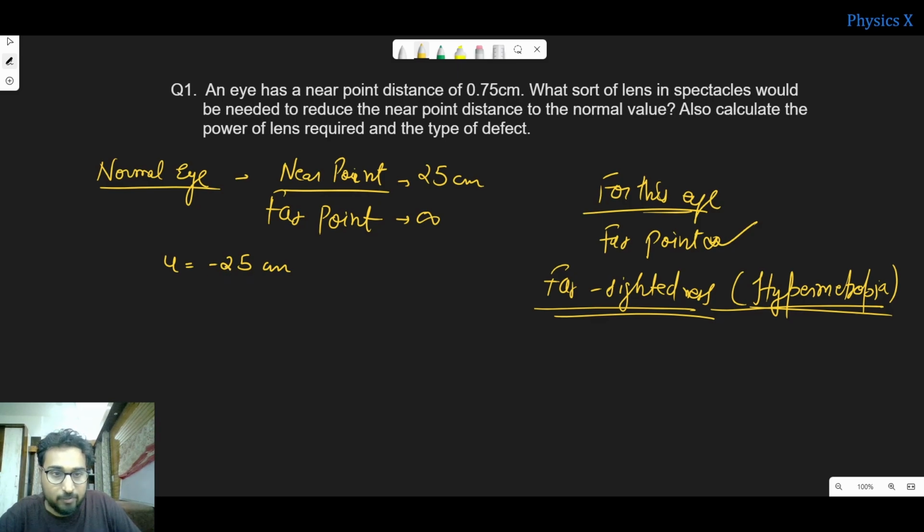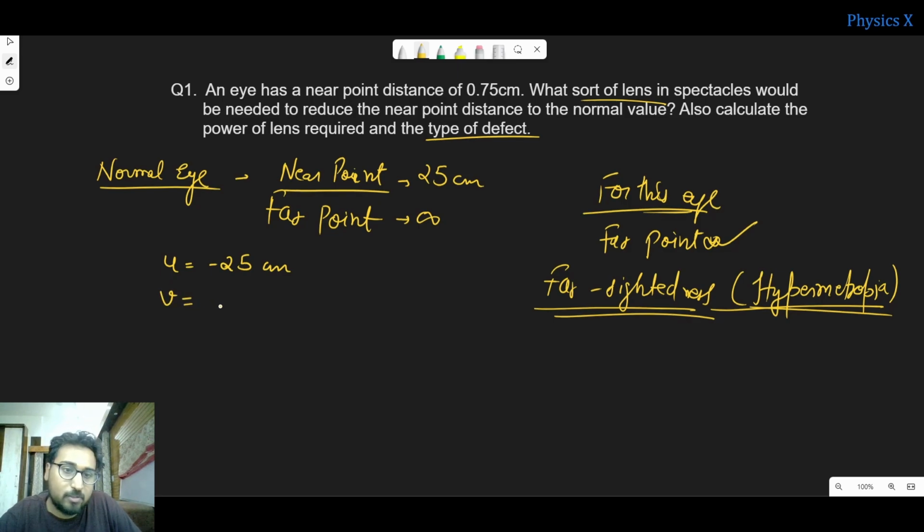So we take the worst case for calculating the appropriate power of the lens, because he's asking to calculate the power of lens required. The type of defect we have already answered. For hypermetropia we need a convex lens.